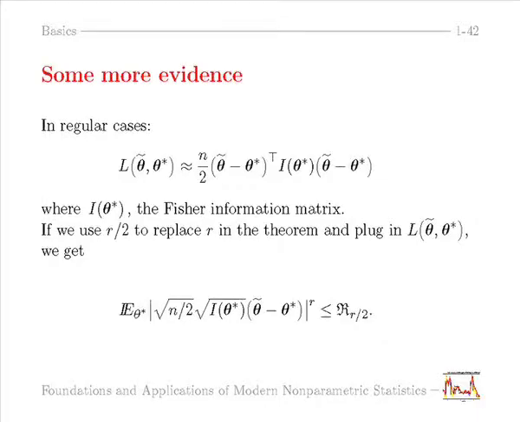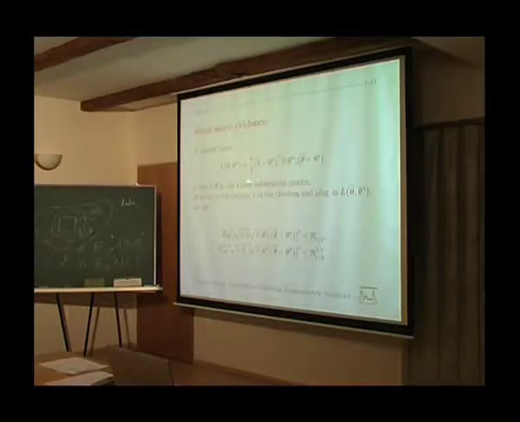Around the point of maximum, you have always a quadratic representation of the function. And actually, in the regular situation, the term in between is more or less n times the Fisher information matrix. And therefore, if you plug this quadratic expansion in the previous bound, you can get the following inequality.